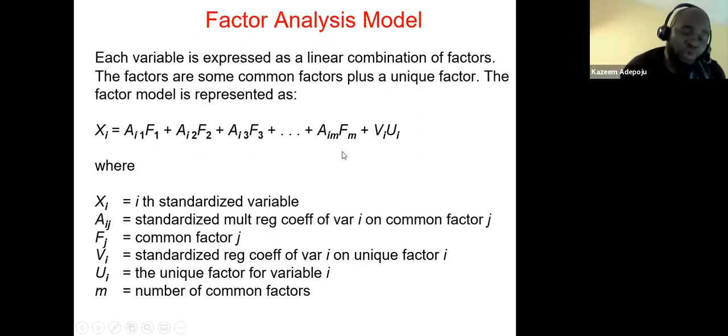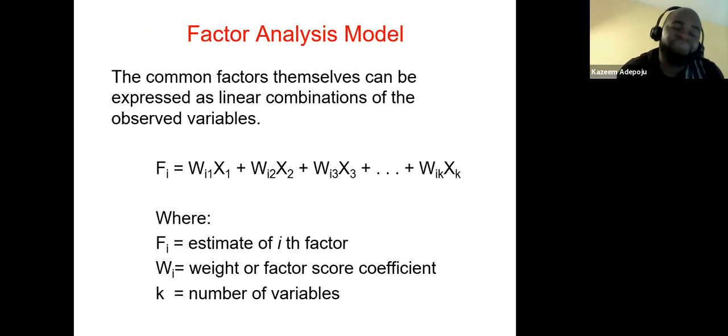But do you know that a particular factor can also be expressed as a function of all the input variables? Take a look at that. This is a particular factor. A particular factor can actually be written as a linear combination of the input variables.